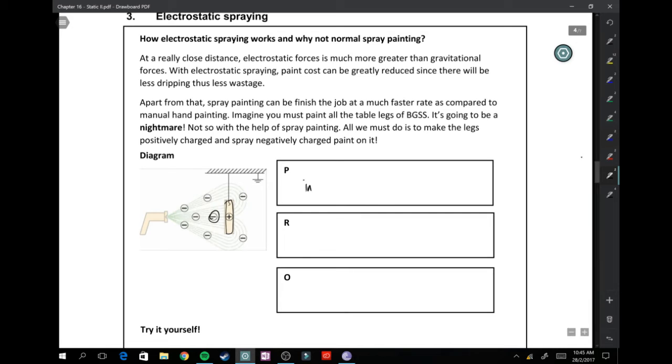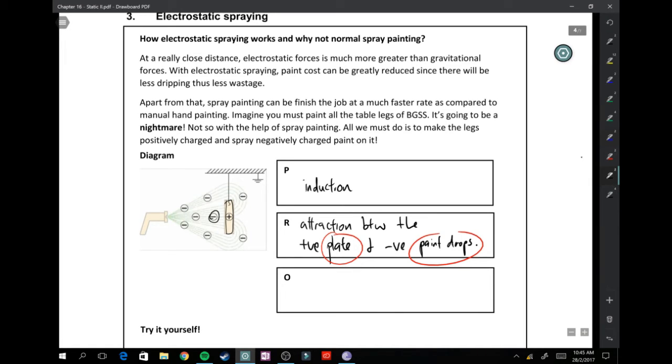So once again, this is induction, and the relatedness is attraction between the positive plate and the negatively charged paint drops. Okay, so basically it's just two parties here, paint drops and plate. Okay, so if you want to know more on how electrostatic spraying works, you can go down to the link. I showed this video in class, so I think it's quite easy to understand.